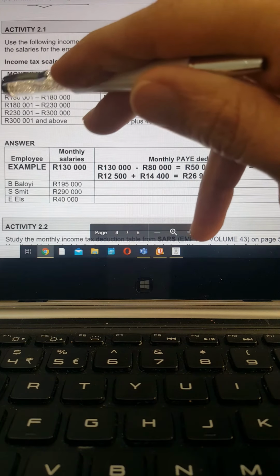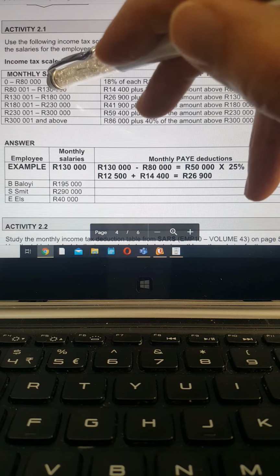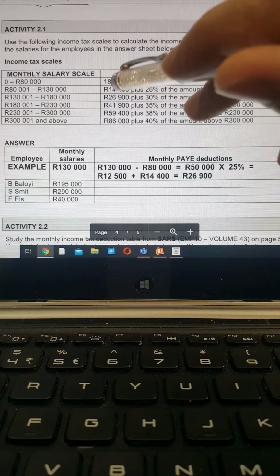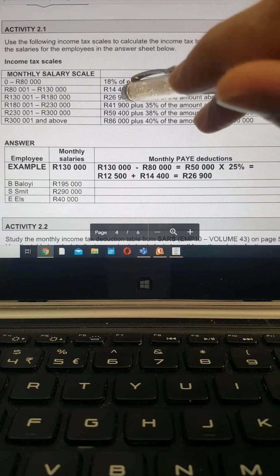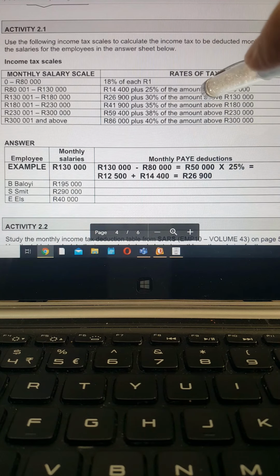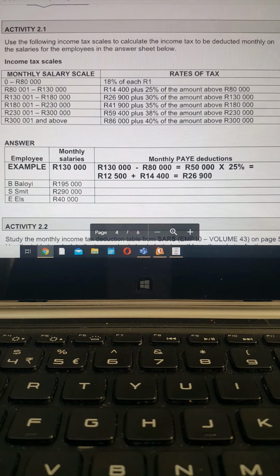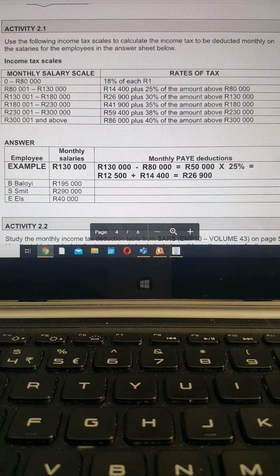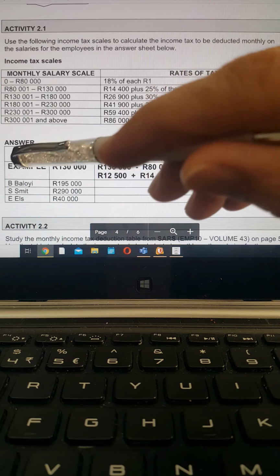And then if you're between 80,000 and 130,000 rand, how much are you going to pay? You're going to pay 14,400 rand tax plus 25% of the amount above 80,000 rand. So let's do this one here together, okay? Here's the first person.